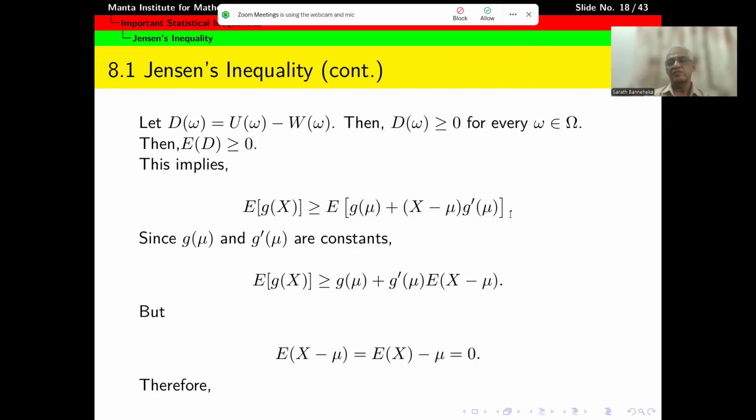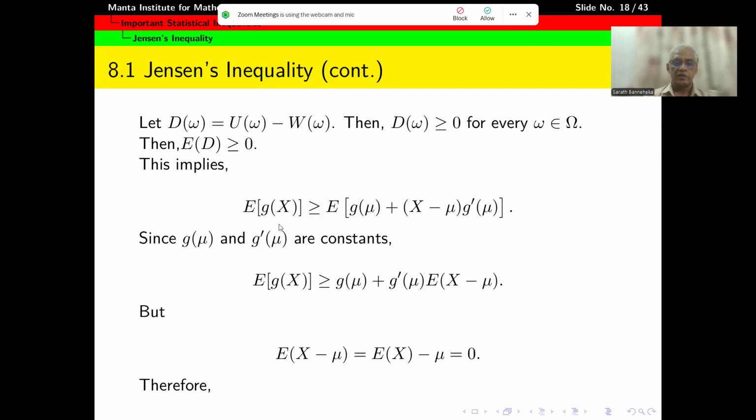So now we will just use the property of the expected value. This is a constant, this is random, this is constant, this is again a constant. So therefore, this side we can write down as the expected value of a constant plus a constant times a random variable. So that will be equal to this constant plus this constant times the expected value of this random variable.